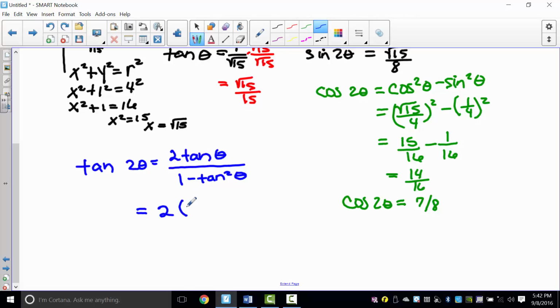So we want to plug in radical 15 over 15 divided by 1 minus tangent squared, so radical 15 over 15 squared.